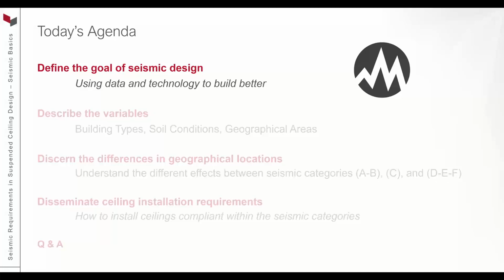Right now, we're going to define the goal of seismic design: using data and technology to build better. So we like to use data and technology. It helps us do things better. It helps us create and design better. And when we're talking about seismic, we can tell by what's going on in today's globe that we really need good seismic design criteria so that we can do what?